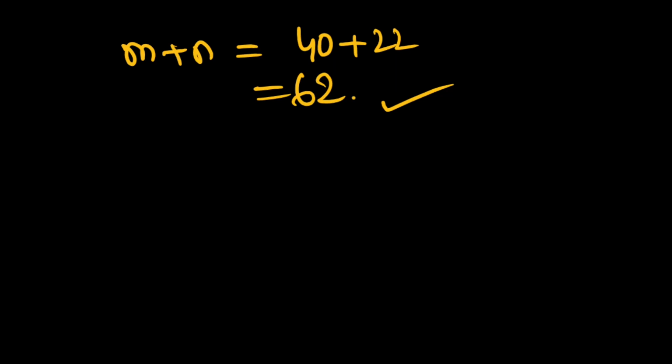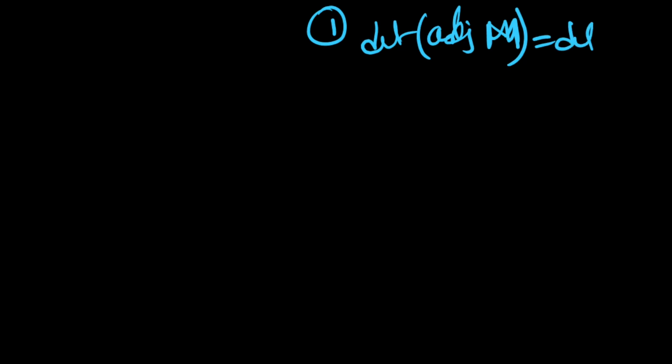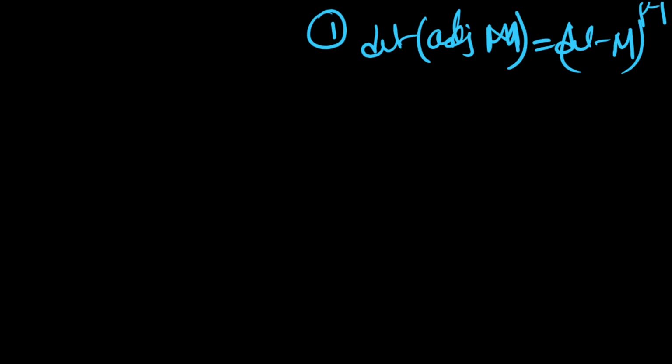So overall in this question we use three formulas. First, determinant of adjoint of any square matrix M is equal to determinant of M power p minus 1, where M is a p cross p square matrix.